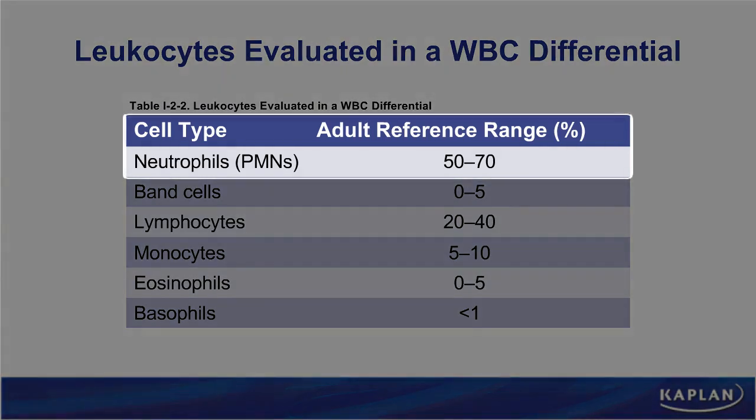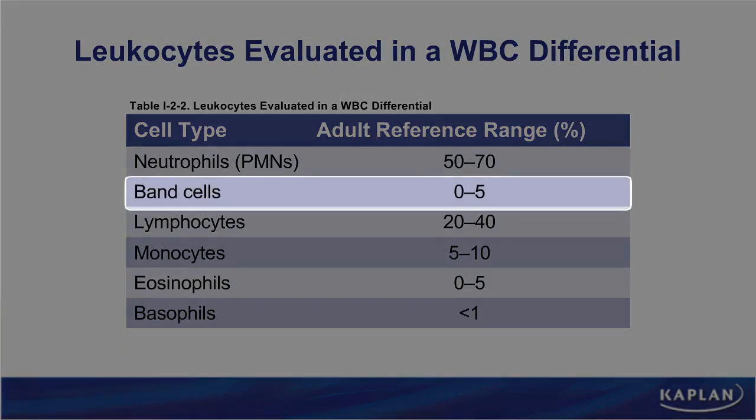Depending on what reference you're looking at, it is going to have about 50 to 70% of the white blood cells. As a subcategory of the neutrophils, you will also get a number of your band cells. Band cells, remember, appear when you have the premature release of immature neutrophils from the bone marrow in response to an acute infection, especially when you're dealing with a bacterial infection.